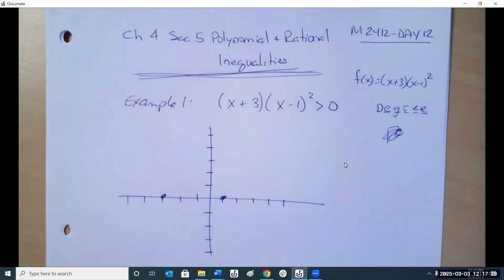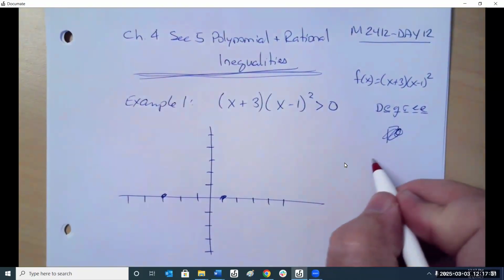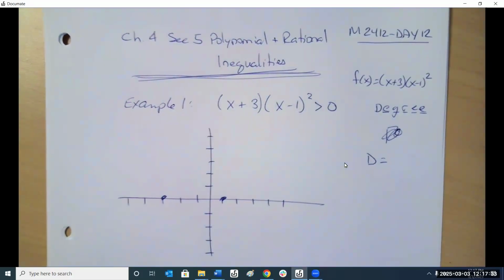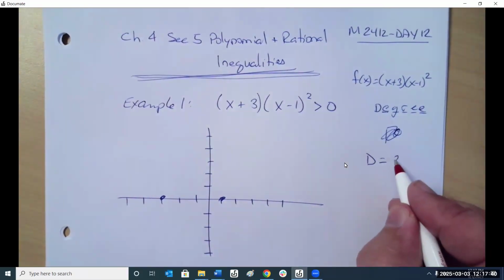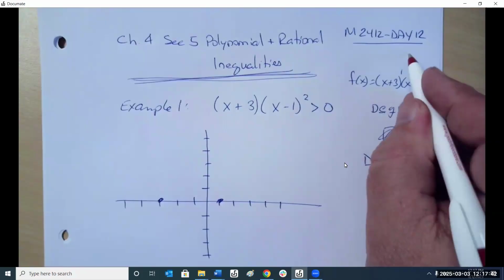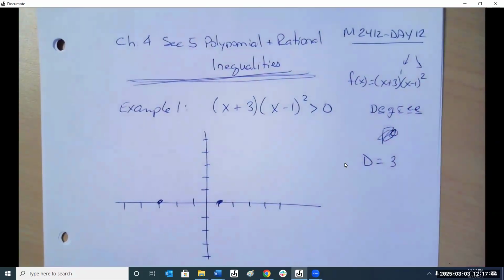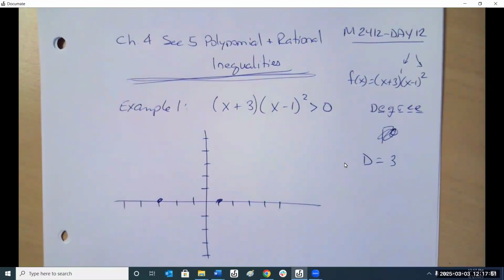So what's the degree of this polynomial? How do we know that? What are these numbers called? Very good. They're called multiplicities. Multiplicities are the degrees, the exponents of the factored form.